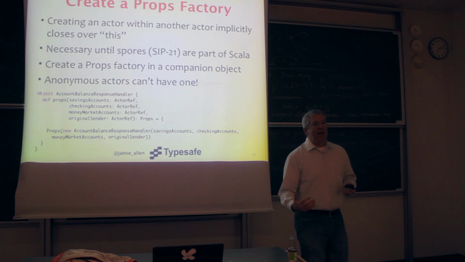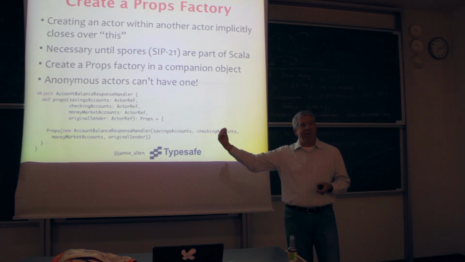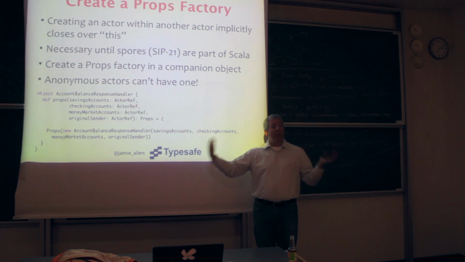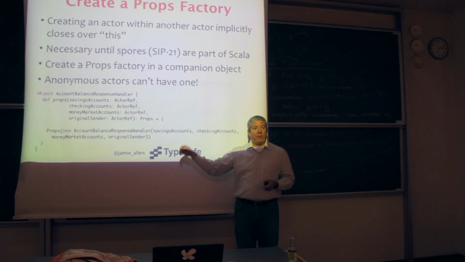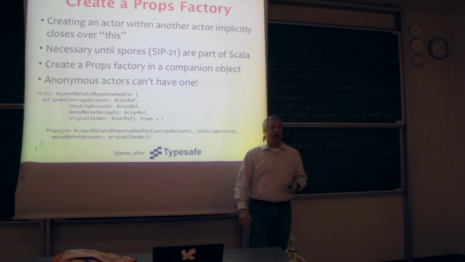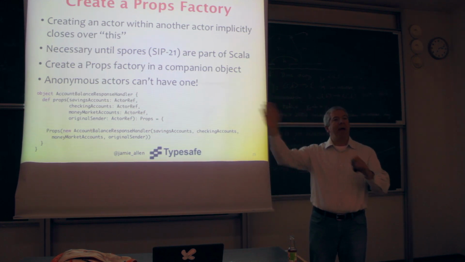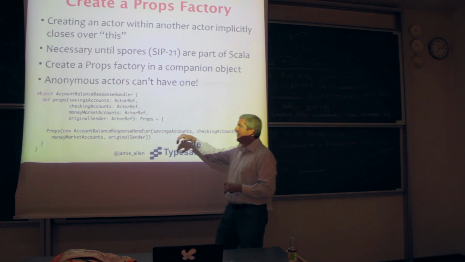The way we do that is to create a companion object for every one of our Akka actors we define. The companion object is usually the place where we put our static information, like messages, right? That's not entirely true, but messages that don't have state, for example. Just like companion classes and case classes, companion objects in case classes.